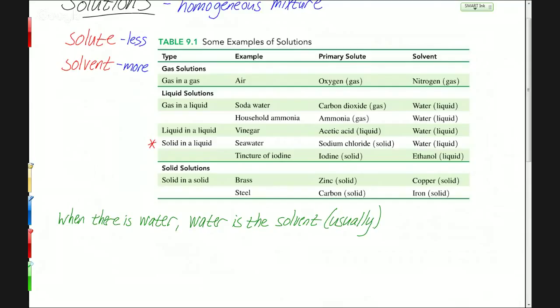But just to keep everything the same, water remains the solvent. So that's just the definition, and that's really all there is to it. We have to stay pretty general because there are all these different types of solutions. So let's look at what's happening on a molecular level when a solution is made.